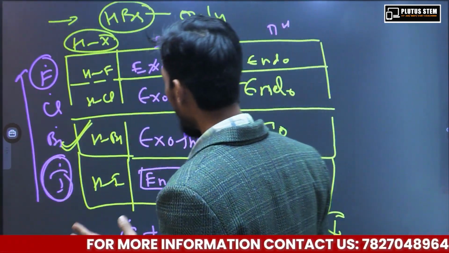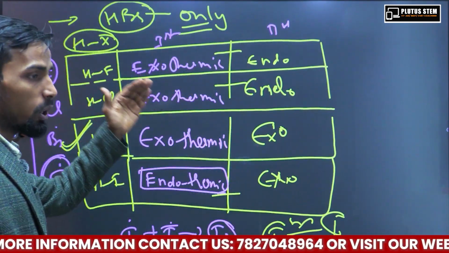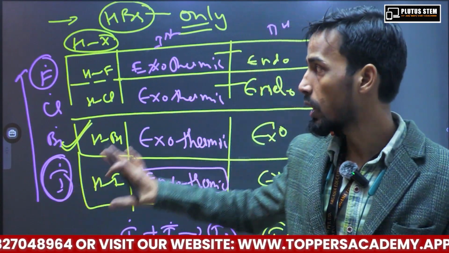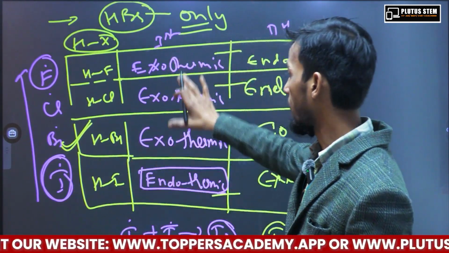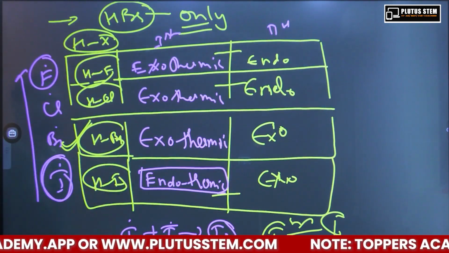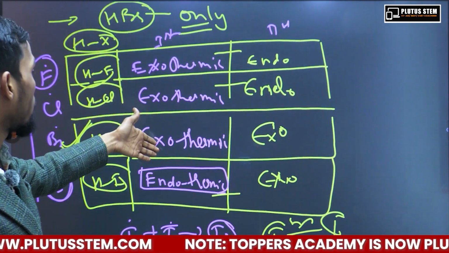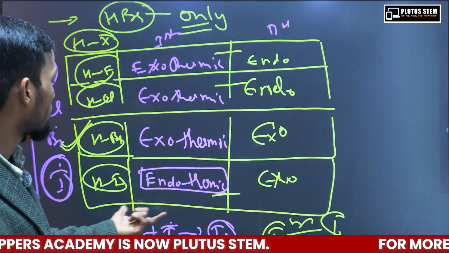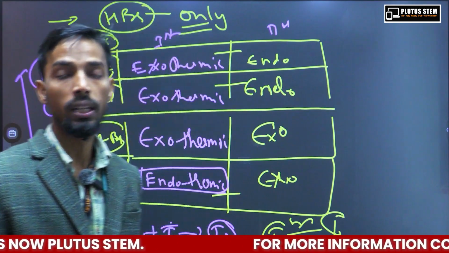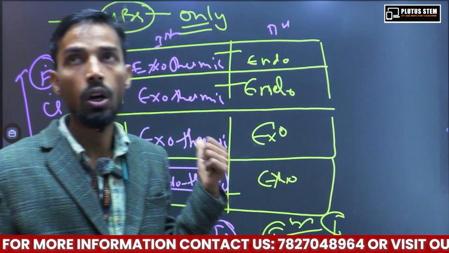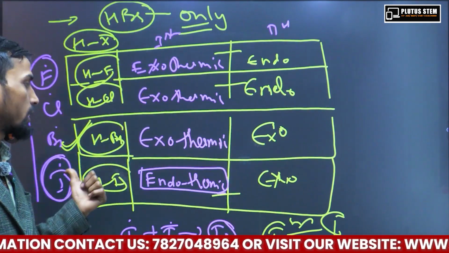Now I have already told you in tabular form why only HBr shows this peroxide effect, not fluorine, chlorine or iodine. The first step of all three is exothermic, but for HI it is endothermic, because HI doesn't want to go into I2, it reacts with itself, it doesn't like the first part of this reaction.